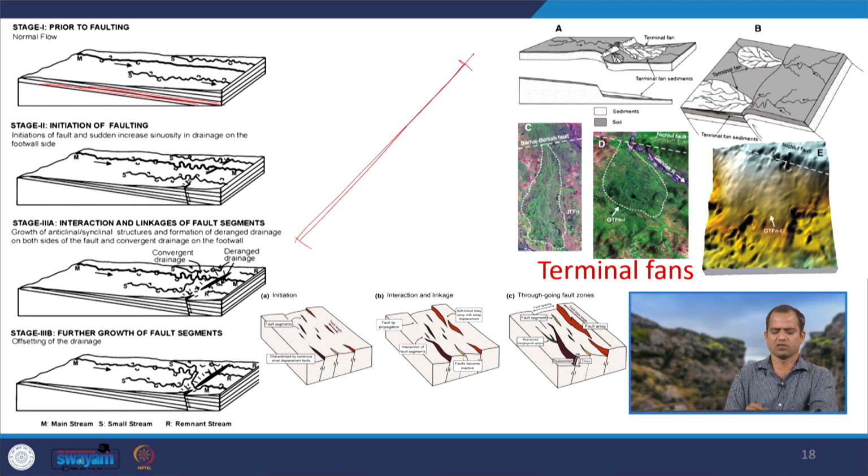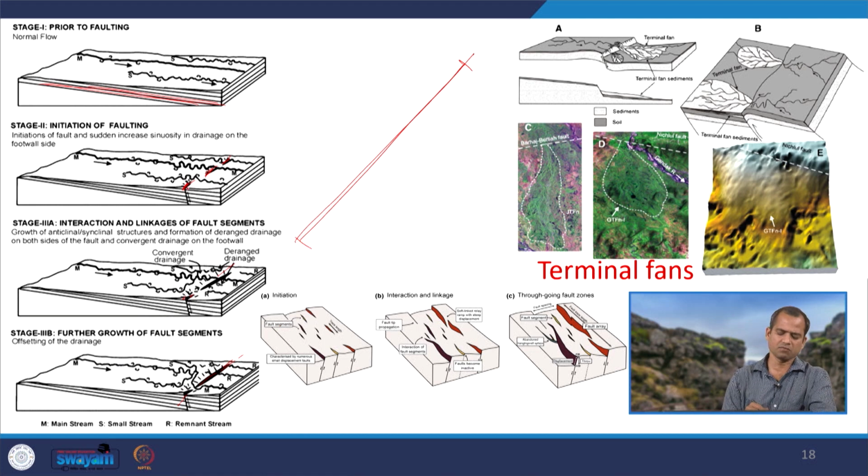Now this fault is gradually developing, and you see this is one segment, this is another segment, and this is the third segment. So, with time the segments are growing, and finally one full-fledged fault is represented.